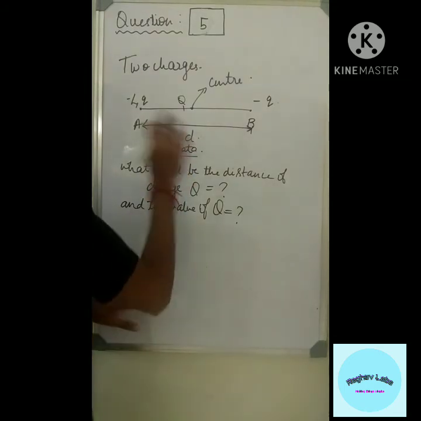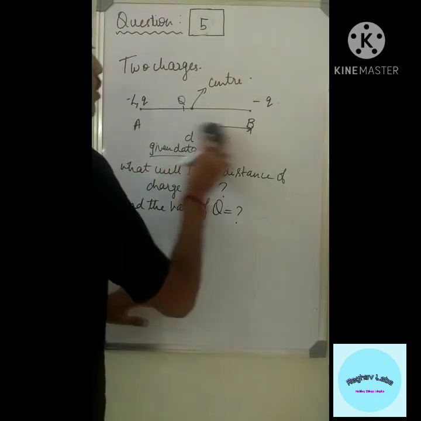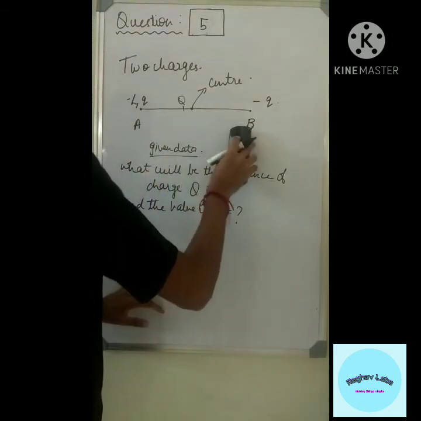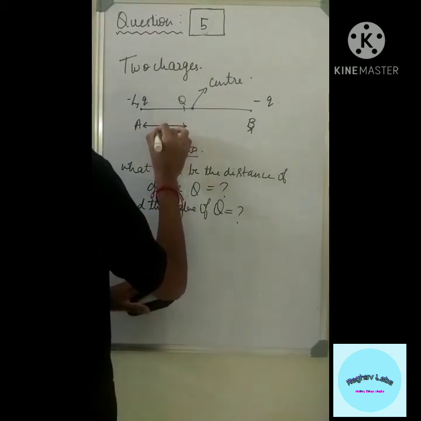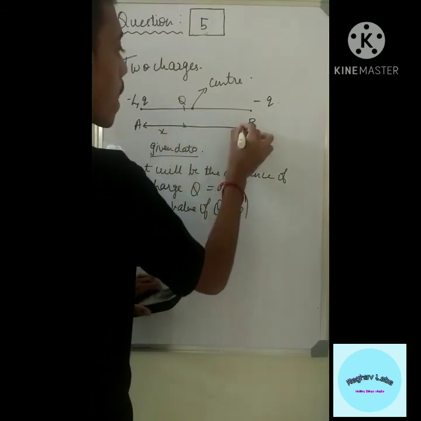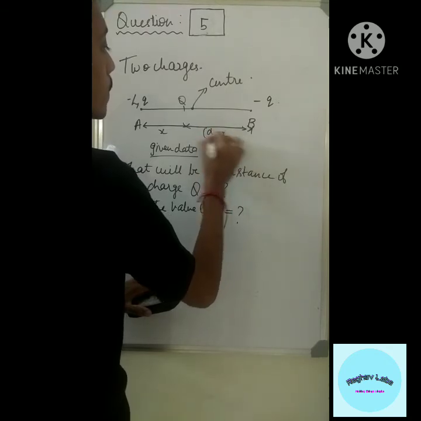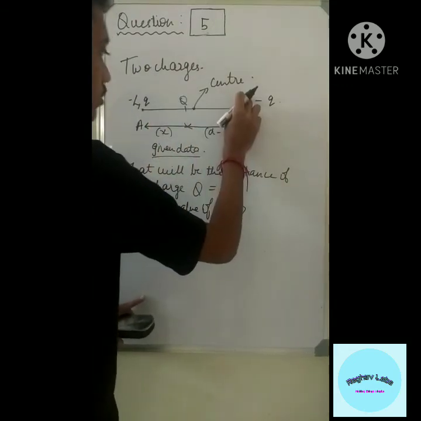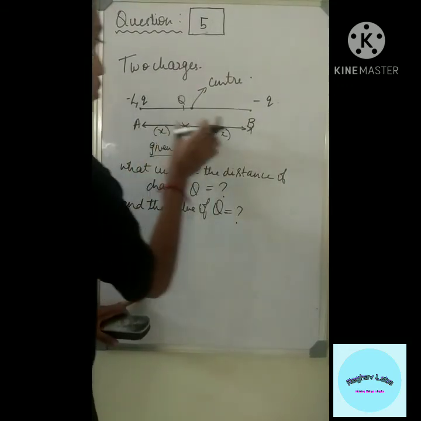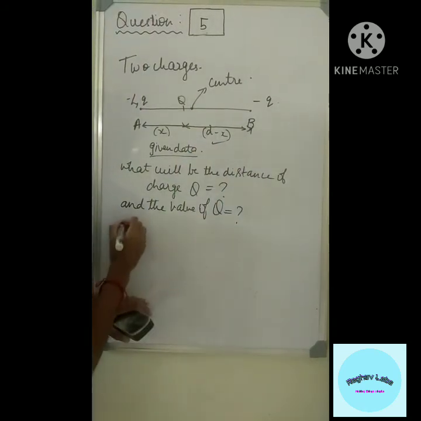See, if the charge q is at a small distance x from minus 4q, it means that the charge q is at a distance d minus x from charge minus q, because this whole distance is d. So if we subtract x from d, we get the charge q distance from minus q.